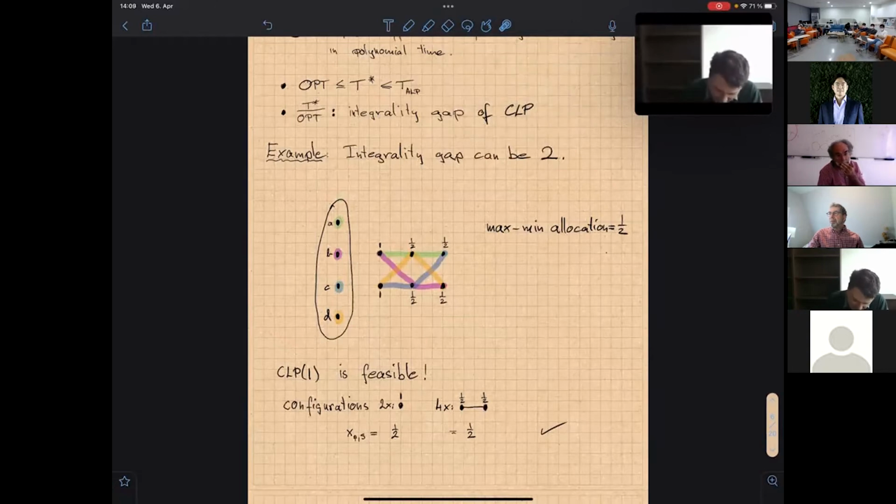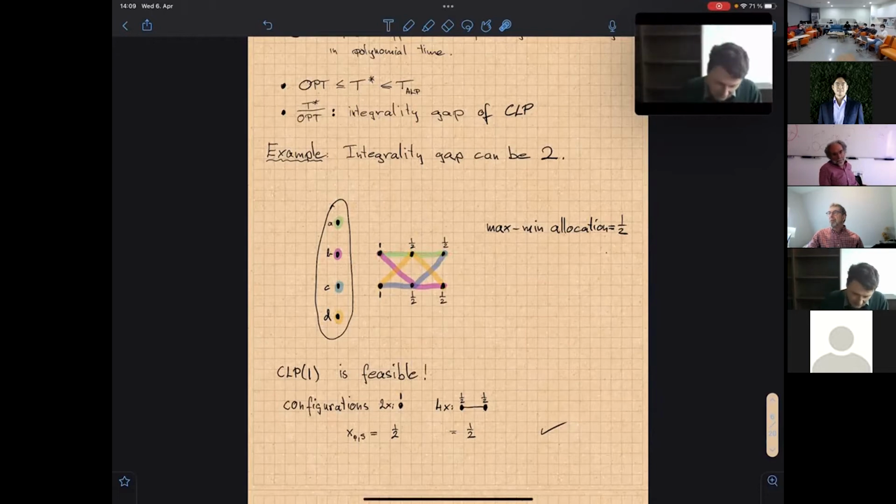So you simply give 1/2 weight to every single configuration. What are the configurations? The configurations are the singletons and all the pairs coming from the 1/2s, these 4 pairs. And you give 1/2 to each of these variables. Then if you sum it up for each player, you see that you have exactly 1 weight summed up on its set.